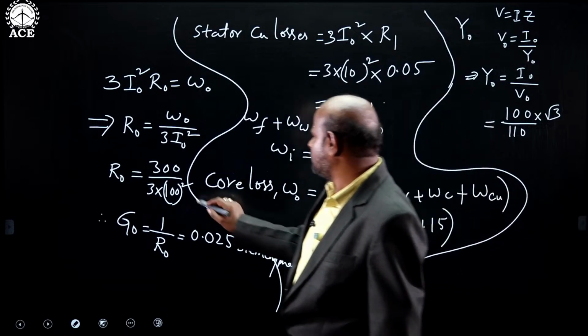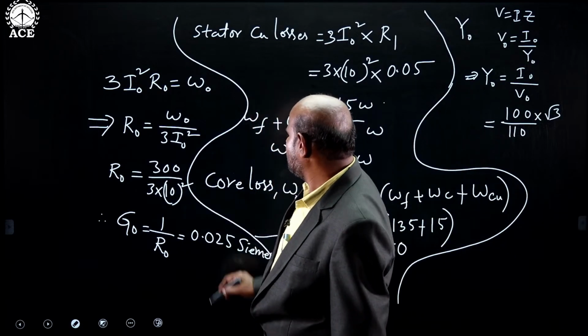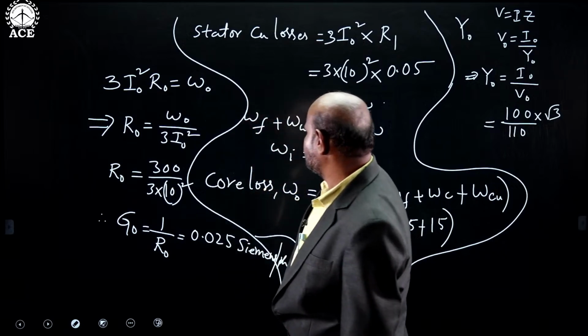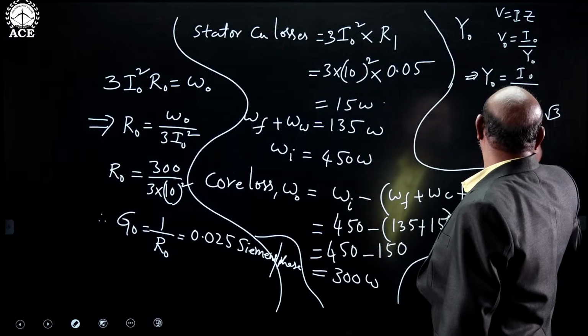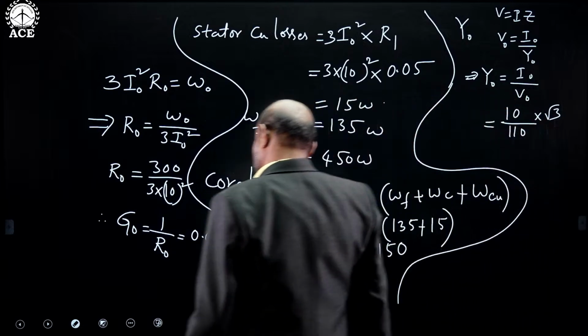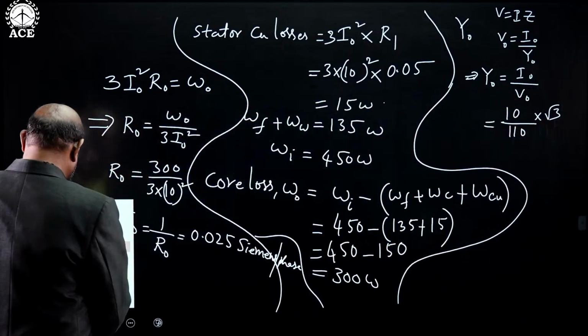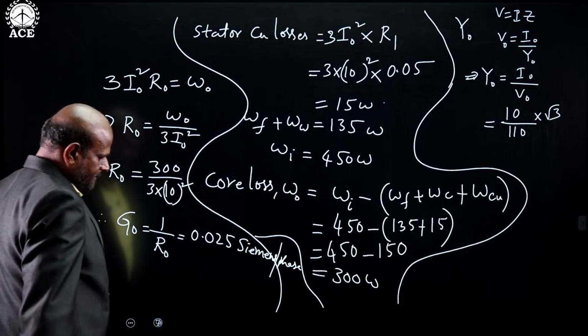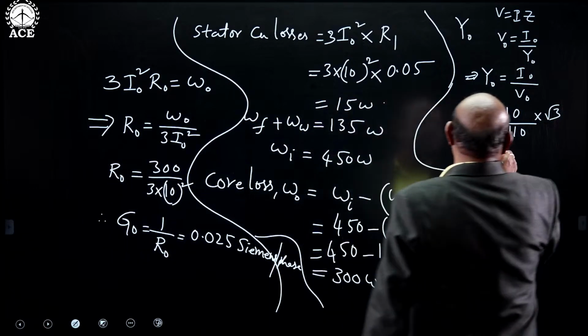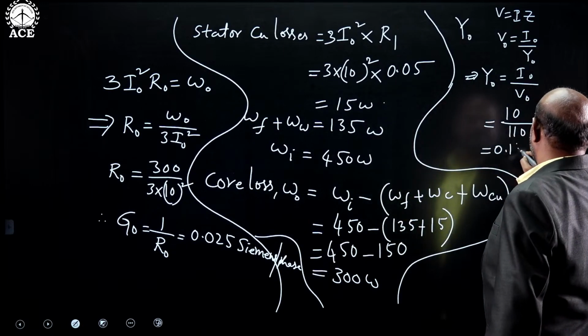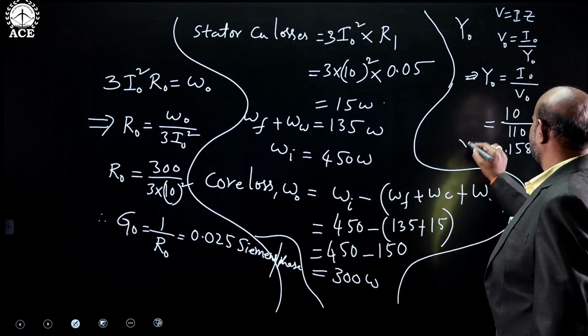Right. Here also 10. Right. Now calculate. So Y naught will be 0.158.